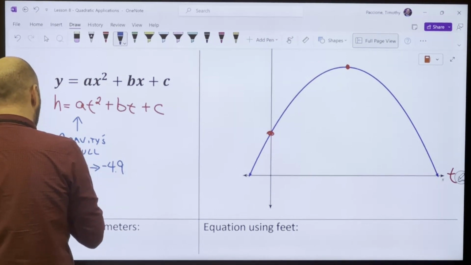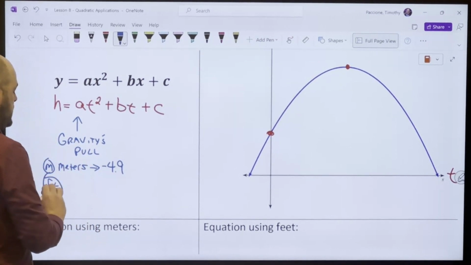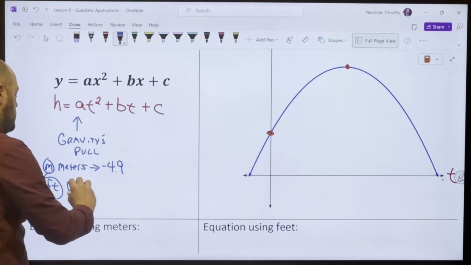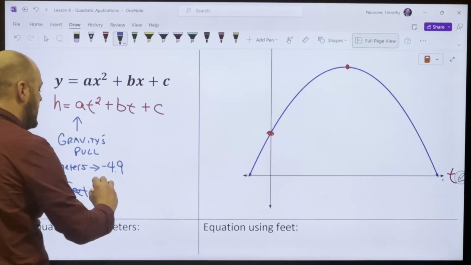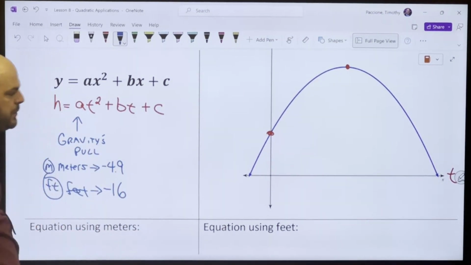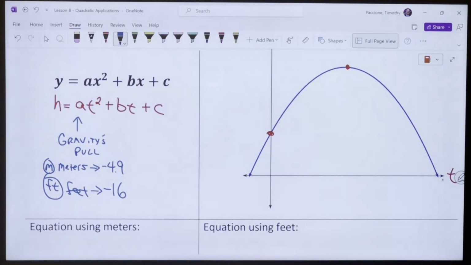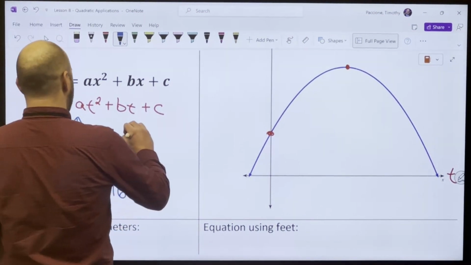If it's in feet, which is ft, it's going to be negative 16. Anybody notice anything about both those numbers? They're both negative, and that's because gravity pulls down. Also, why does it make sense when we look at our graph? Because it's going down. It's a flipped parabola, and we have a negative a, we flip our parabola. So negative always.